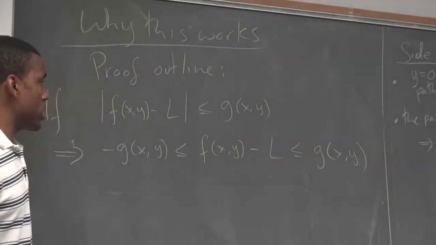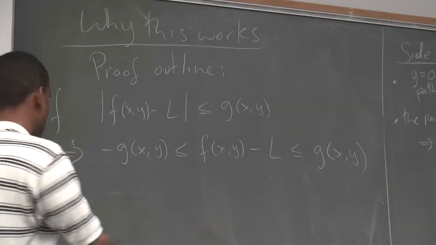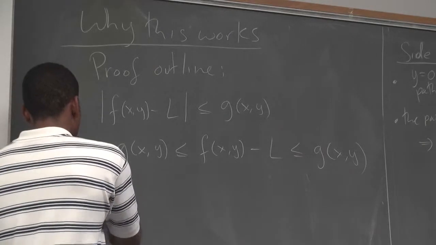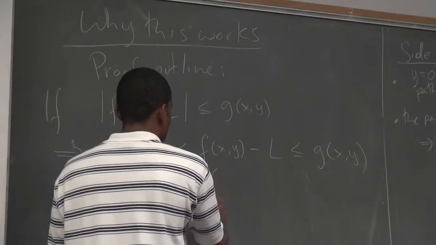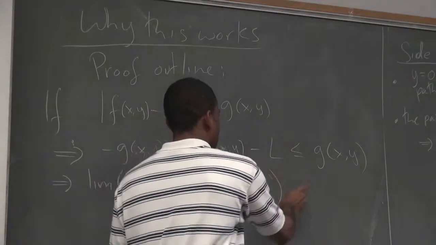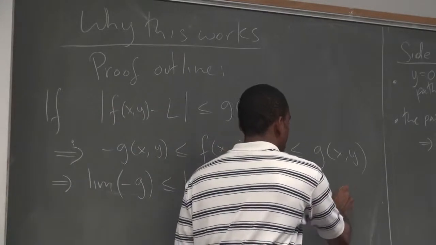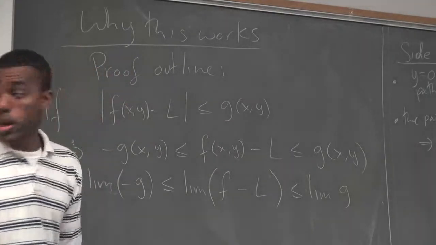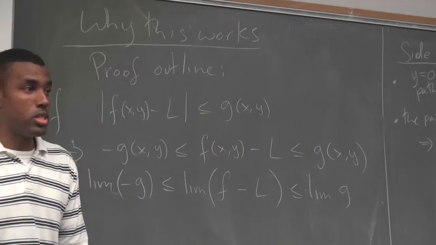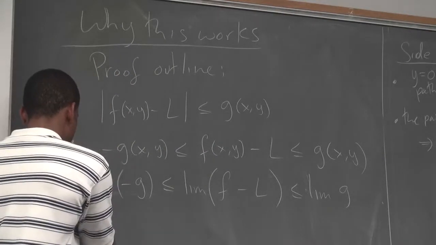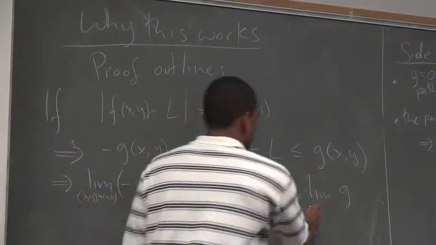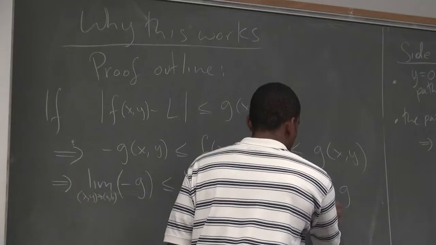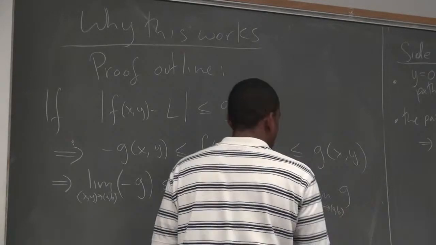And now what you can do is you can take the limit of the whole thing, right? So the limit of minus g is going to be less than the limit of f minus L, less than the limit of g, right? But by assumption, the limit is 0, right? So I'm assuming that the limit as (x, y) approaches (a, b) is 0.